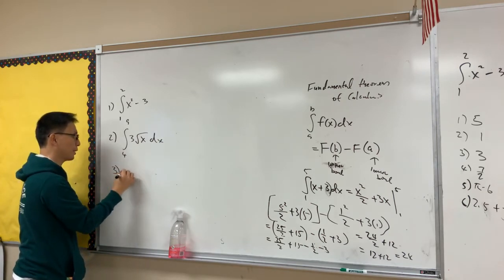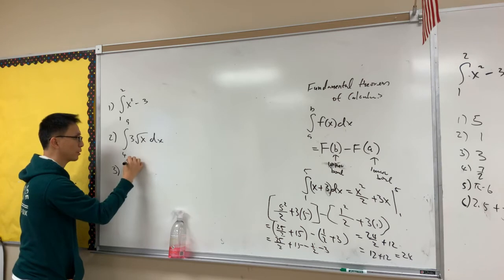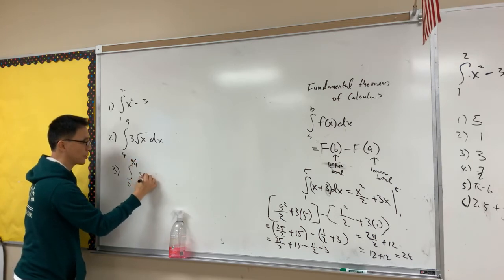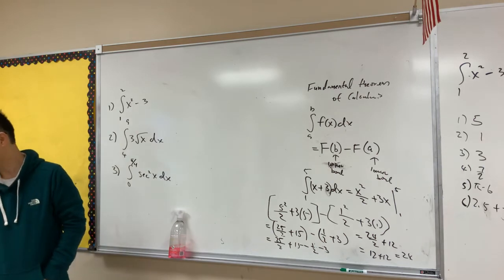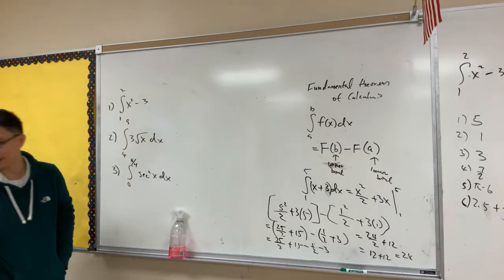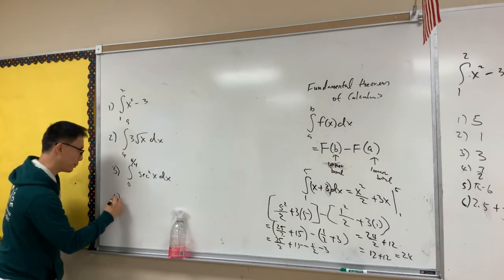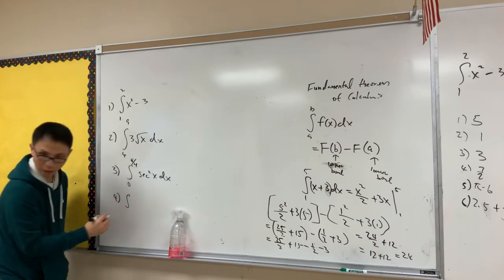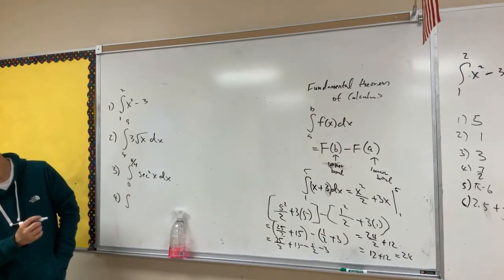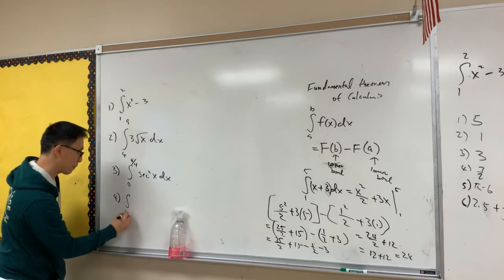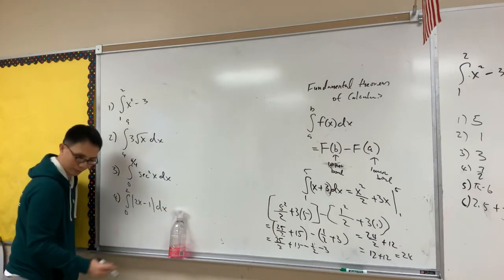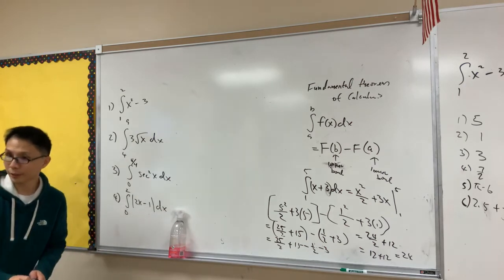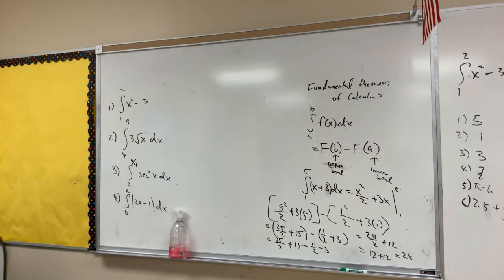The third one is the integration between 0 to pi over 4 of secant squared of x dx. And lastly, this one I'm going to go over, but you can try it first. It's between 0 to 2 of 2x minus 1 dx. Okay, so try the first three first.